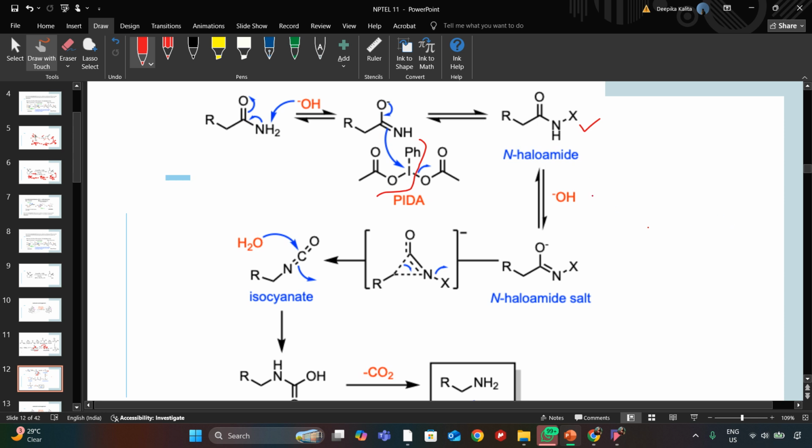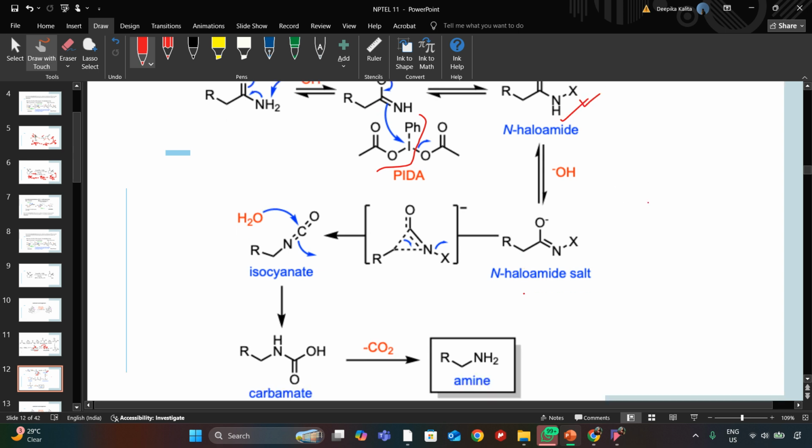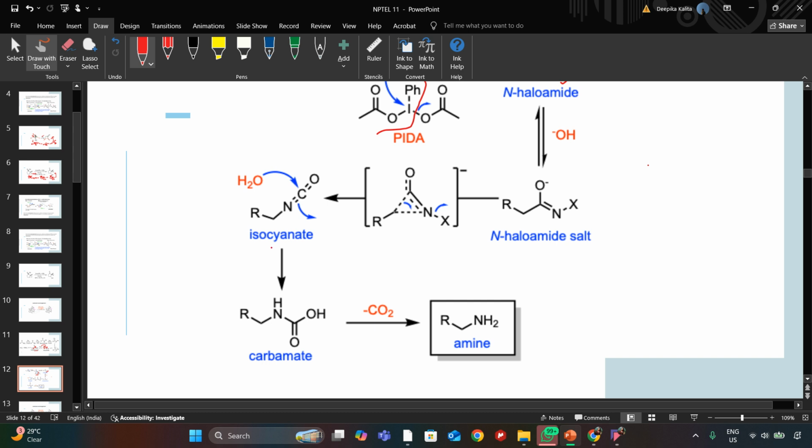Now this haloamide is going to react with another molecule of potassium hydroxide, and this is going to extract the second proton of the amide to give us this enolate. Further, as we have already seen, this enolate will now undergo rearrangement and elimination to give us the isocyanate intermediate product.